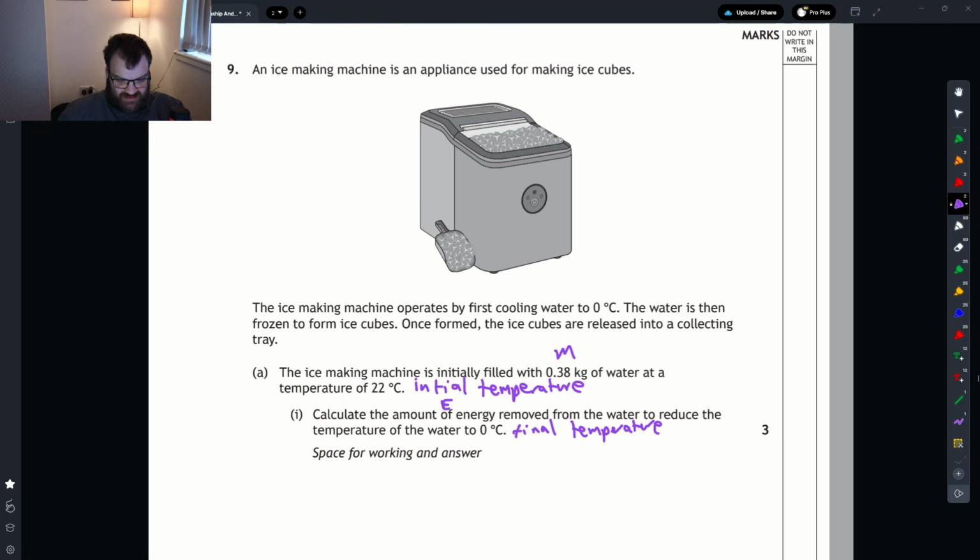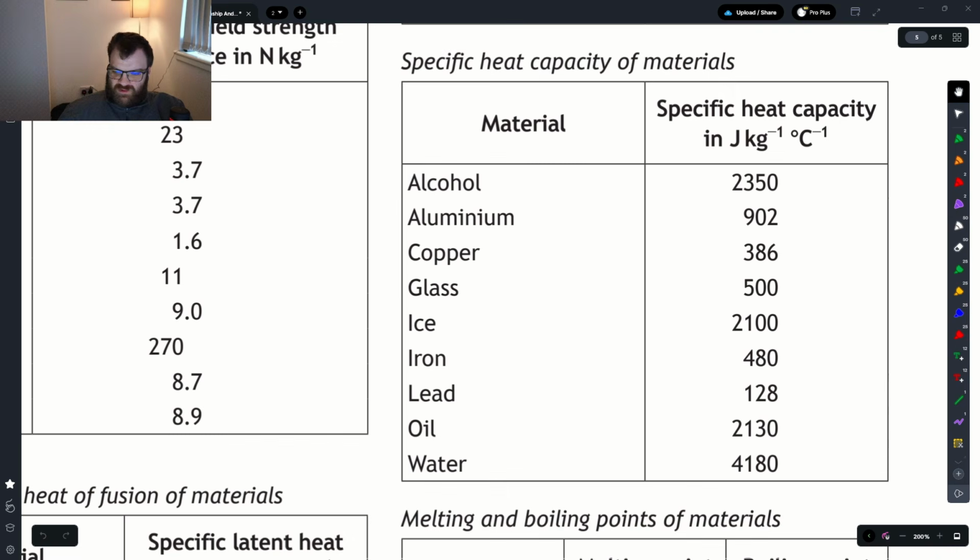This is very much feeling like E_H equals c m delta T. It's the specific heat capacity of water, which is 4,180 joules per kilogram per degree Celsius.